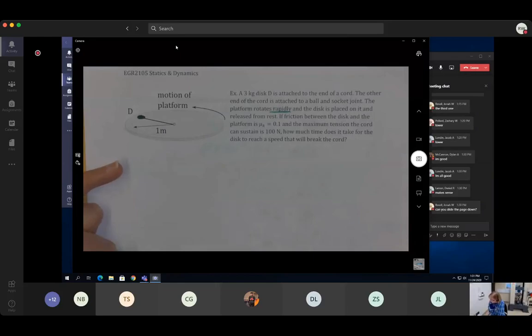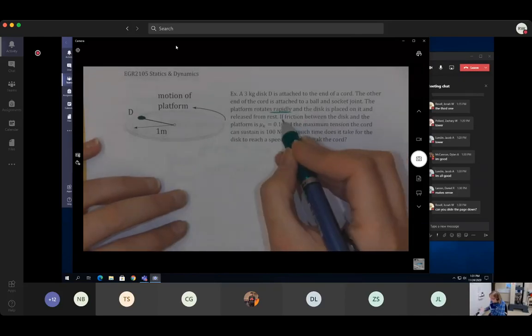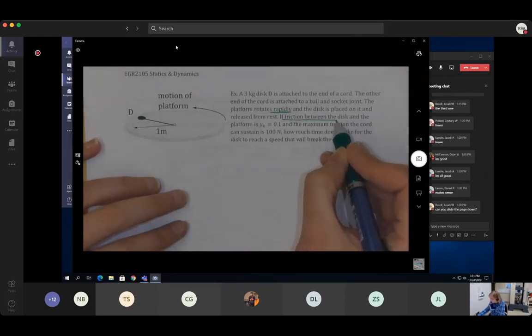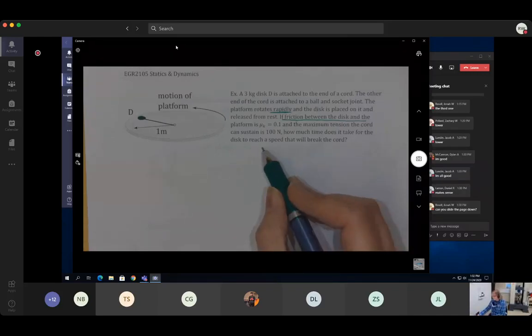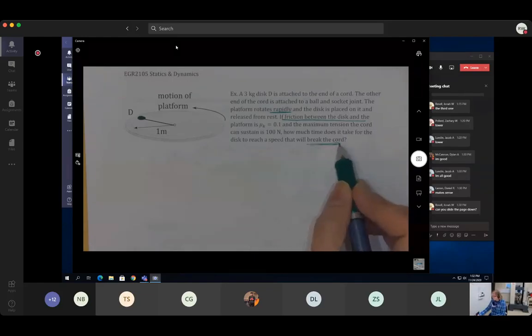So we're going to drop the disc on, release it from rest, and then wait for friction between the disc and the platform to carry it to the point where the cord will break.